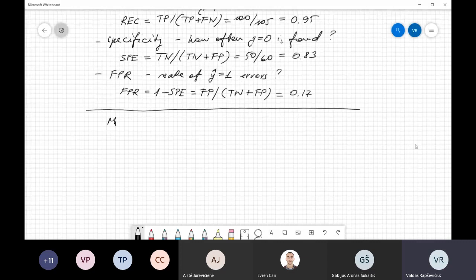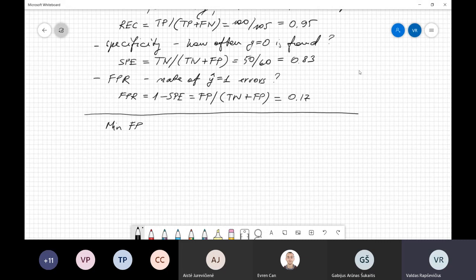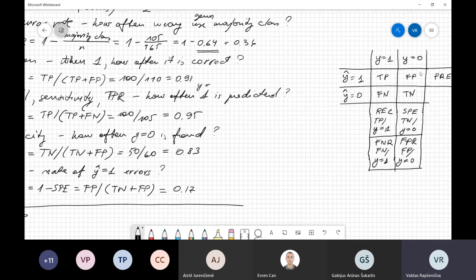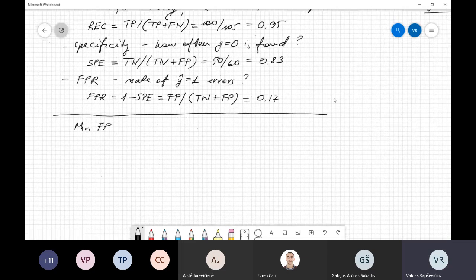So to minimize false positives, or minimize error number one, you actually have to seek that the precision would be equal to 1. If precision would be equal to 1, you would get the minimization of false positives. And in contrary, if you want to minimize false negatives or error type 2, you have to minimize recall.